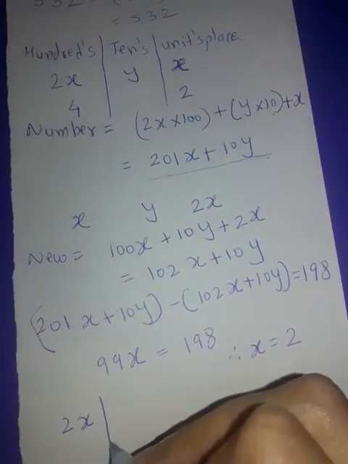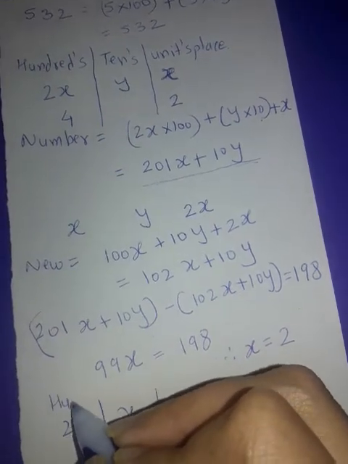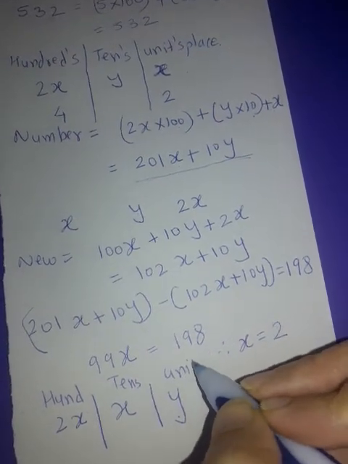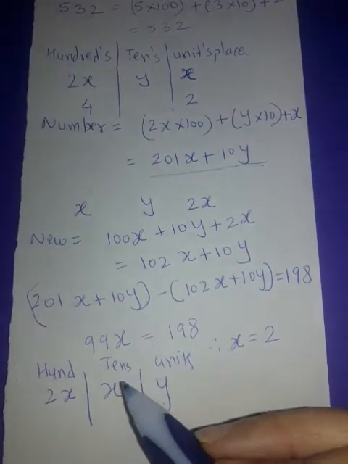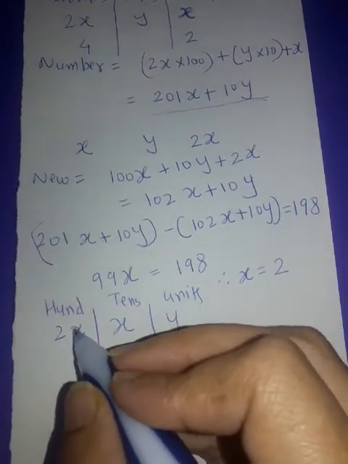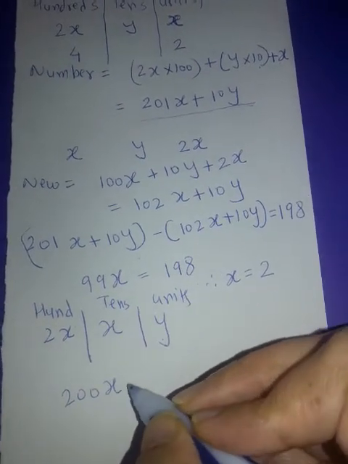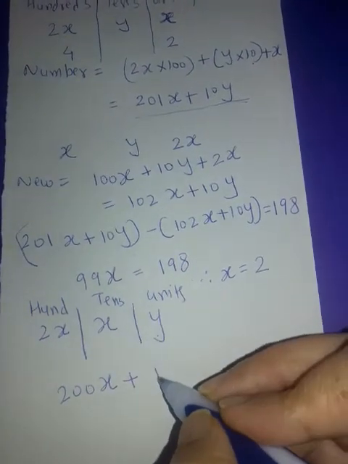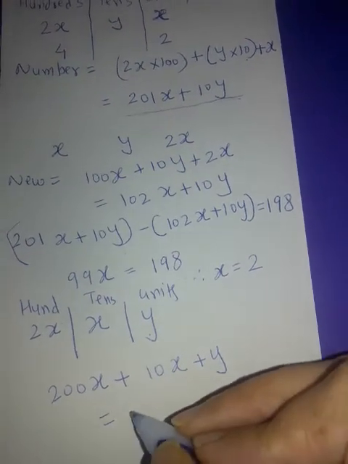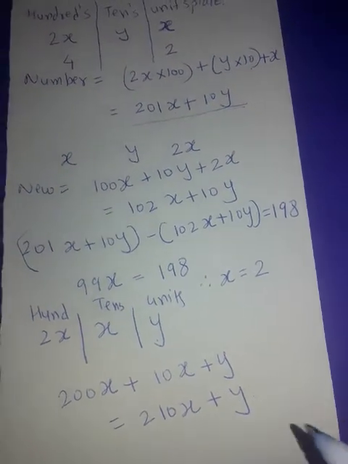This is now 100, tens, units. Tens and units are exchanged. So this becomes x, this becomes y. And the new number will be 2x into 100, that is 200x plus multiply this by 10, so 10x plus y, that is 210x plus y. This is new number.